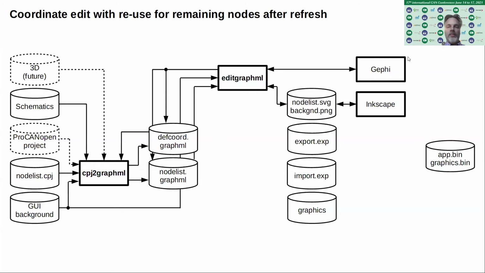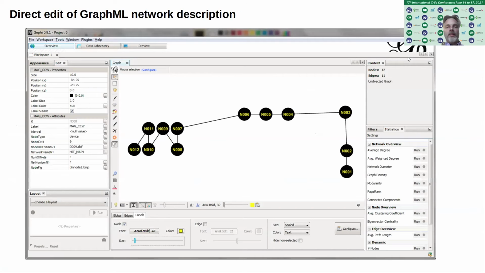So there was a need for a dedicated process tool anyway. And this is a screenshot from Gephi. It provides quite a nice user interface for managing the system structure, but there's no support for background image, which is a significant disadvantage.